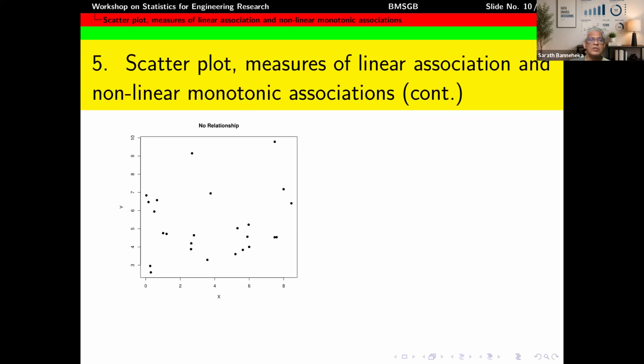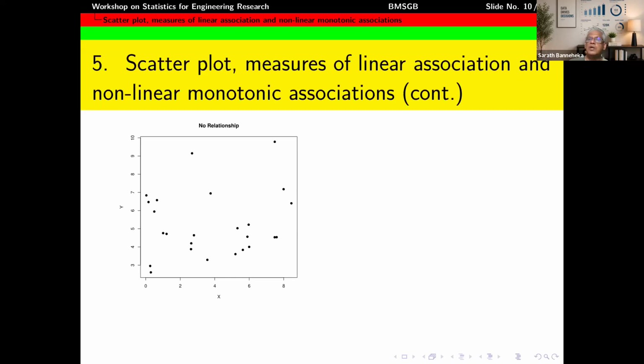Now you can see that you will not be able to say any of these things if you didn't look at a scatter plot. If you just had several x, y values, you would not be able to say any of the things I just mentioned about these relationships without a scatter plot.